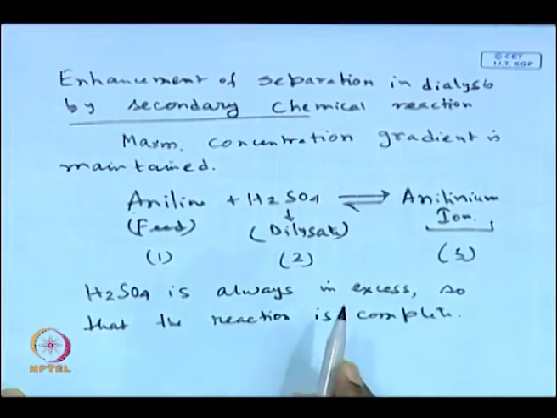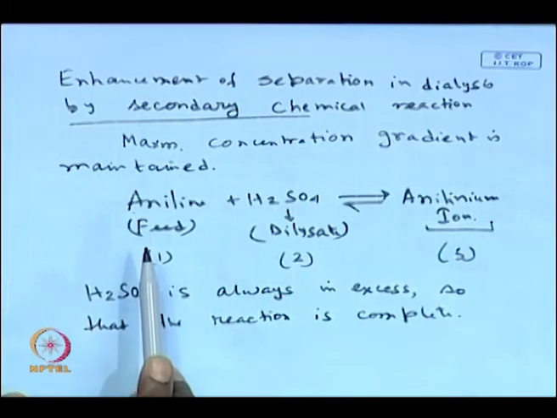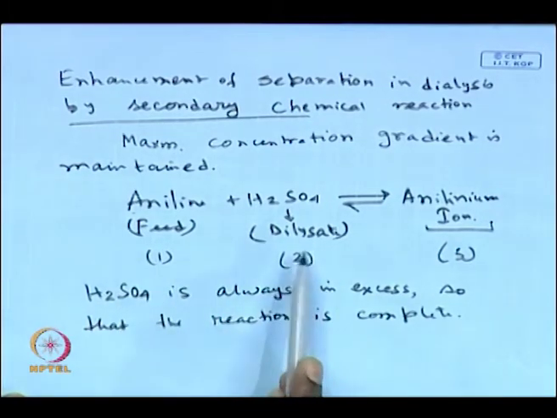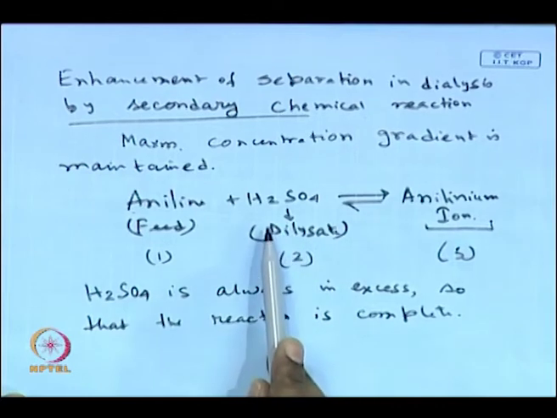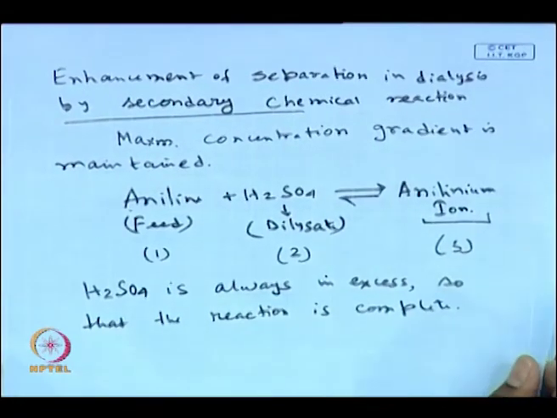So, the essence of this idea is that aniline diffuses through the dialysis membrane, comes to the dialysate side, and immediately reacts with sulfuric acid forming the anilinium ion. Therefore, in the dialysate side we are maintaining a 0 concentration of aniline, and the concentration gradient across the membrane is maintained at maximum.